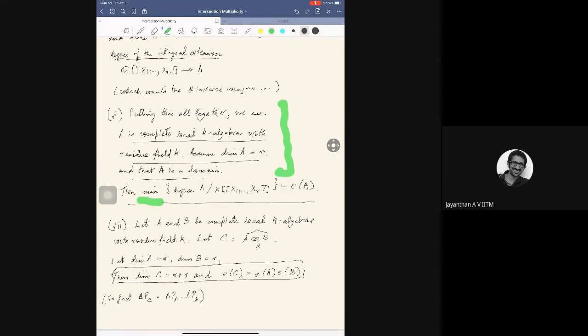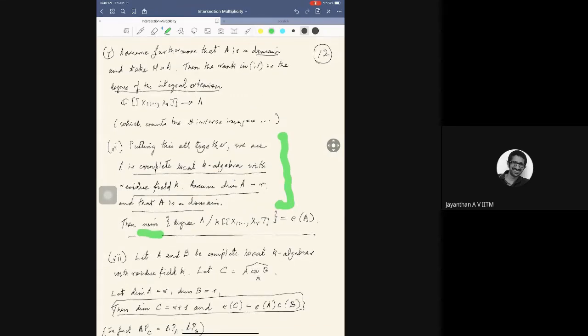So I'll have to go back by a couple of pages or three. So here A and B are the coordinate rings of two affine varieties in Cn, which meet in the point 0, and 0 is an isolated point of intersection. And I have this ring here, C, which is the completed tensor product.